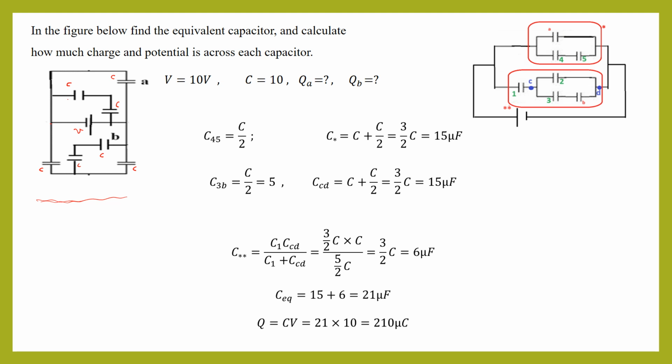This is number 4. This is number 5. And this one is number 1, which is in series with this branch. In fact, capacitor number 1 is connected in series in this branch. However, this total branch and this one are connected in parallel.